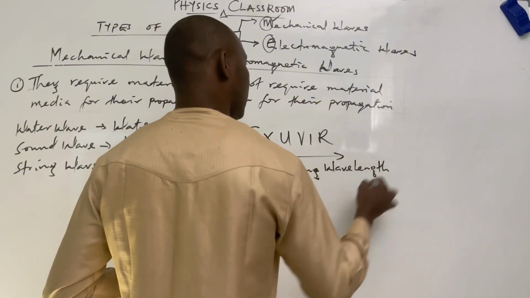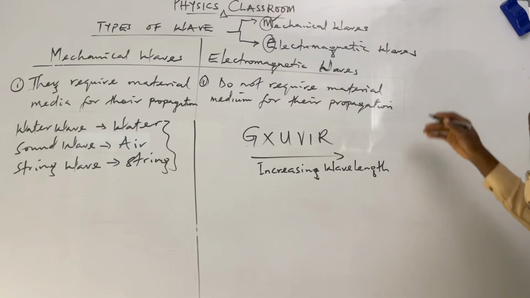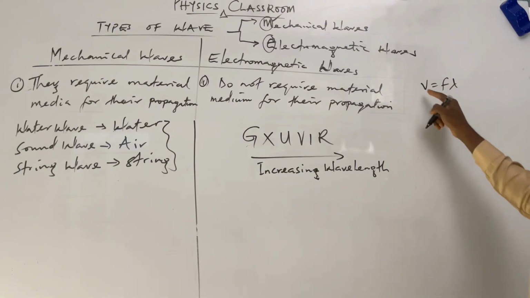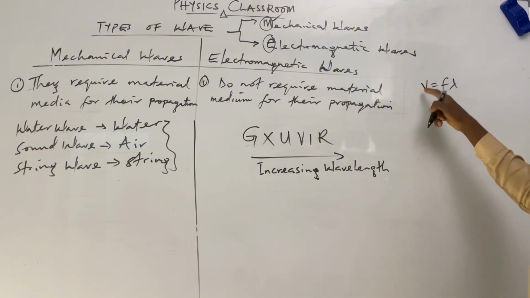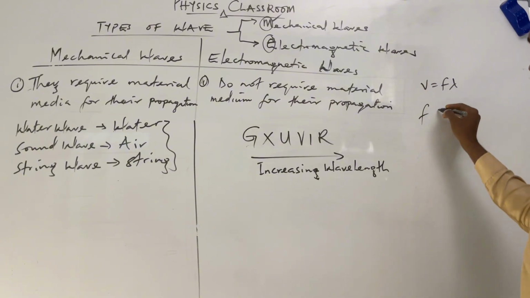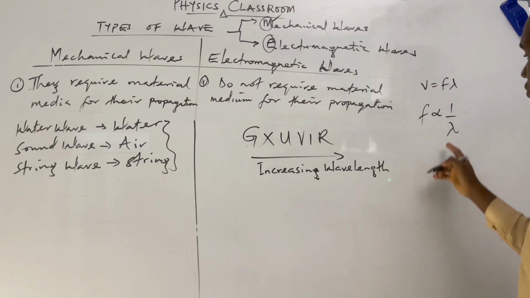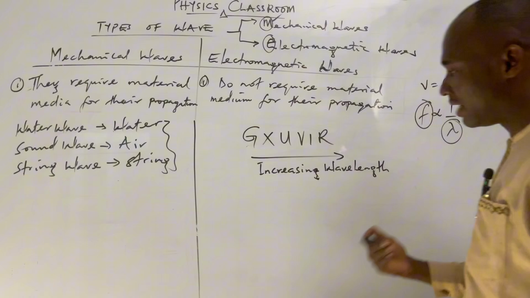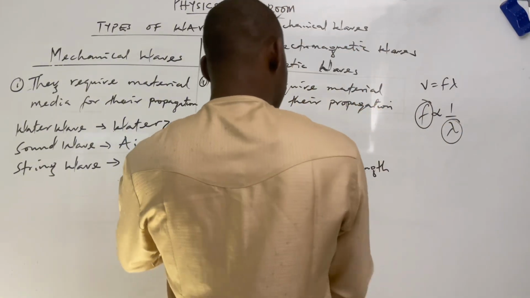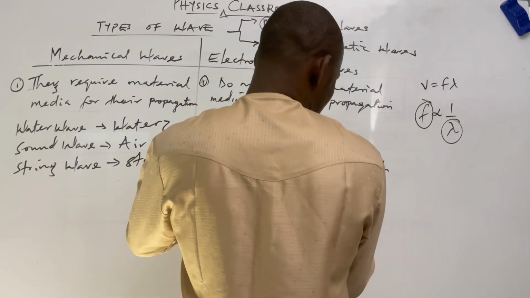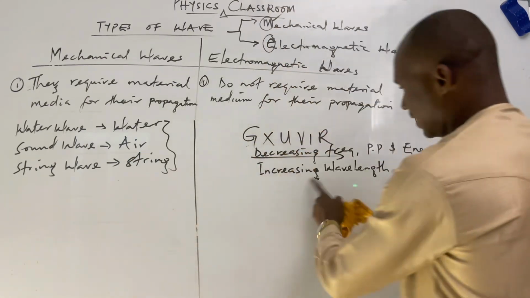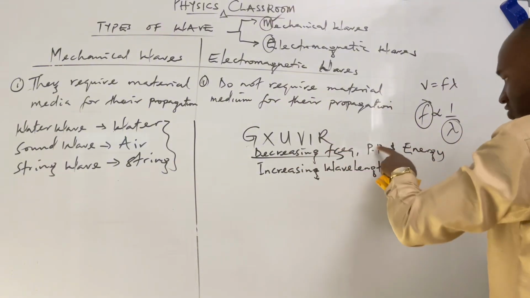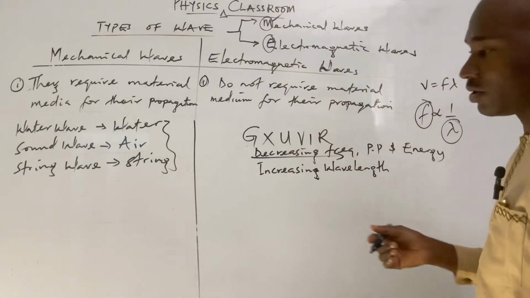Don't forget, there's a particular mathematical relationship that says V is equal to F lambda. If the V, that is wave speed, is constant, we now have our F to be inversely proportional to the wavelength. Hence, the higher the frequency, the lower the wavelength, and vice versa. As the wavelength increases, frequency decreases, penetrating power decreases, energy decreases as well.